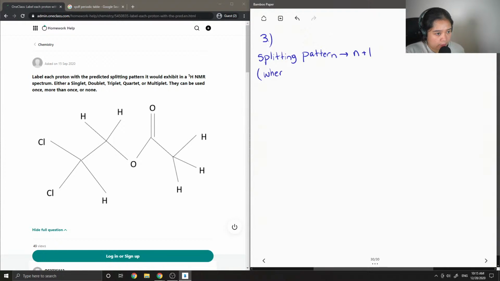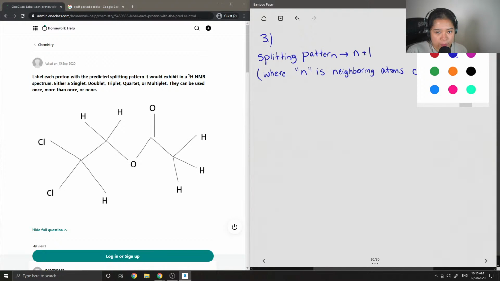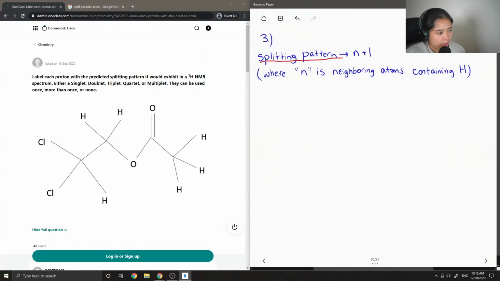So n is the neighboring atoms containing hydrogen. Okay, so this will make more sense once we start getting into the example that is given. Okay, so let me just write this out a little more clearly.